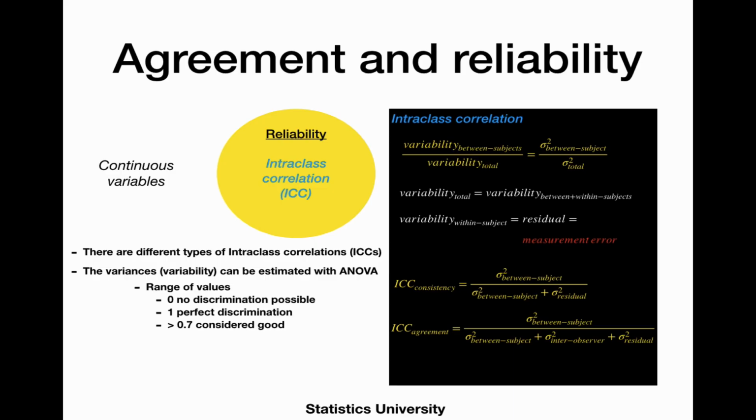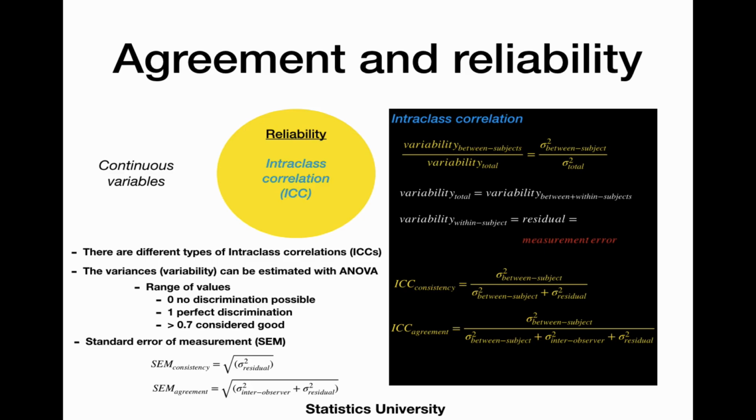And the range of values are between 0, where we have no possibility of discrimination because the entire variability observed is measurement error. And 1 means that there's a perfect discrimination, where the entire variability is real between-subject variability. And an ICC above 0.7 is considered a good measure of reliability.